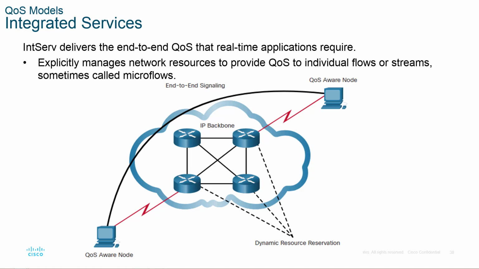For int-serve, we're using resource reservation and admission control mechanisms as building blocks to establish and maintain our quality of service. It uses a connection-oriented approach. Each individual communication must explicitly specify its traffic descriptor and requested resources to the network. The edge router performs admission control to ensure that available resources are sufficient on the network.